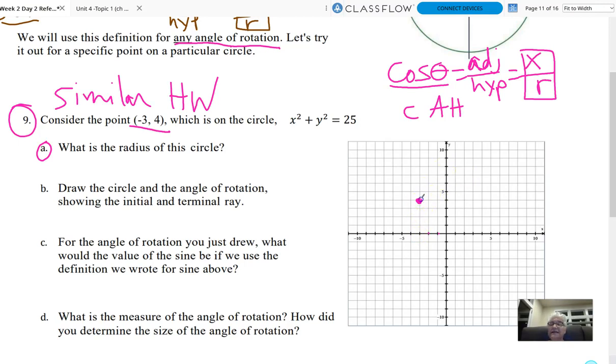And this is going to be a point on our circle. What circle? Our circle where the equation is x squared plus y squared equals 25.